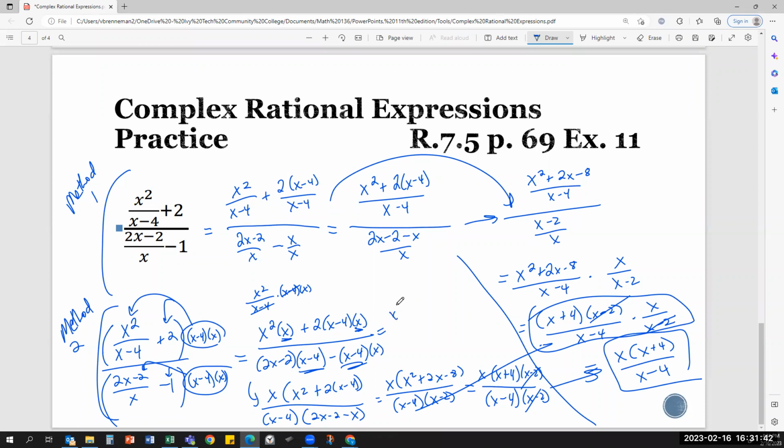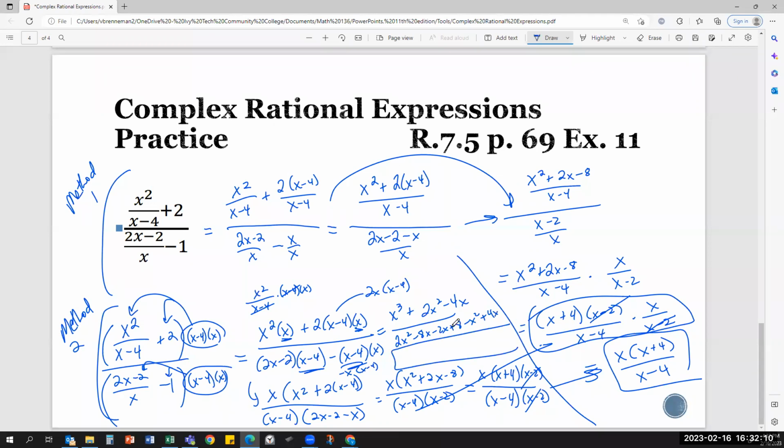You'd have x cubed plus, let's see, 2x times x minus 4, which would be 2x squared minus 8x. And on the bottom, you would have 2x squared minus 8x minus 2x plus 8, minus, let's see, if I make this minus x times x minus 4, minus x squared plus 4x.